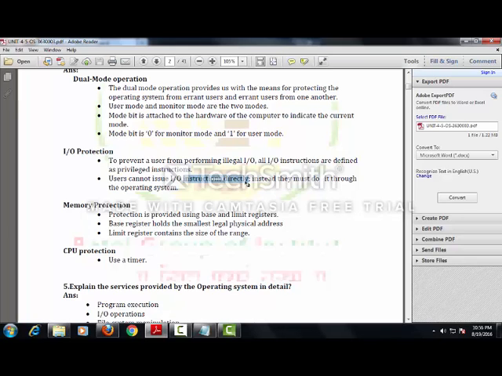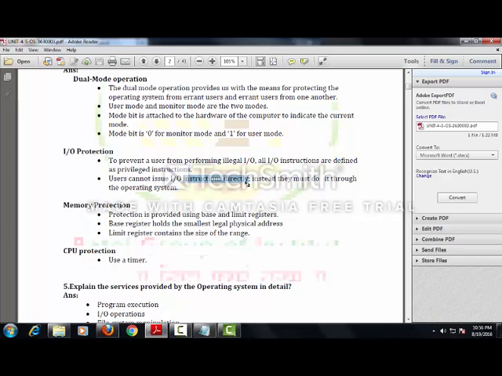Third protection is memory protection. Protection is provided using base and limit registers. There are two different kinds of registers, which are very important. The base register tells us the starting address of the segment. The limit register tells us the limit of our segment, how many bytes we can store in a segment.